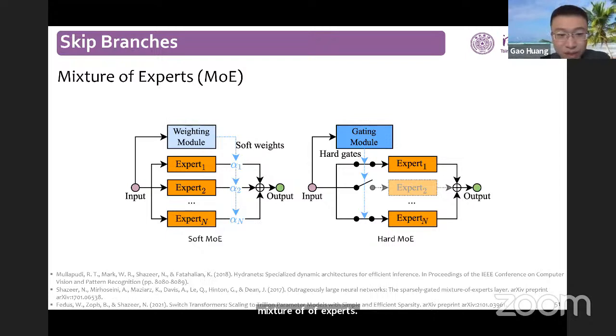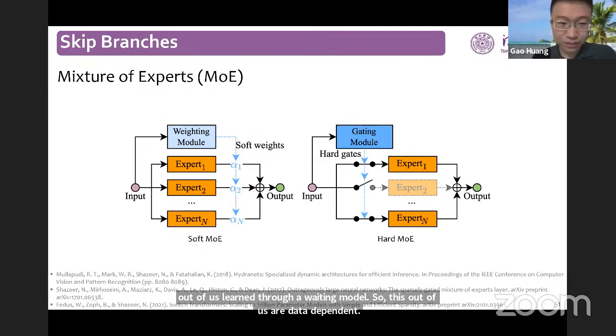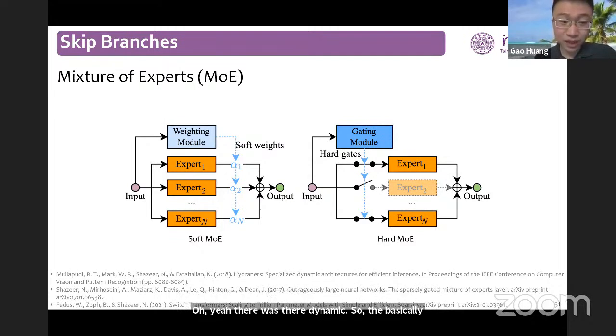There's a soft MoE. Basically, you have n experts, and you have the coefficients alpha 1 to alpha n, and these alphas are obtained through a weighting module. So these alphas are data dependent, or in other words, they are dynamic. They decide how we weight the outputs of these experts.